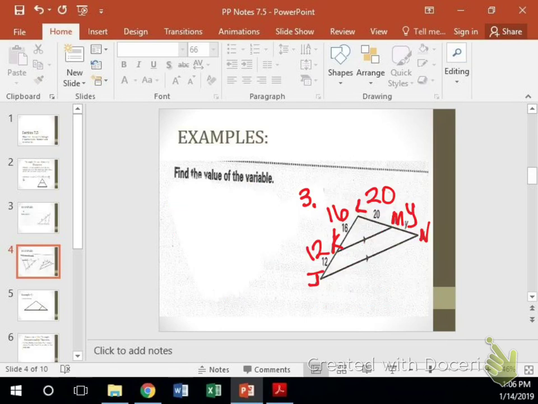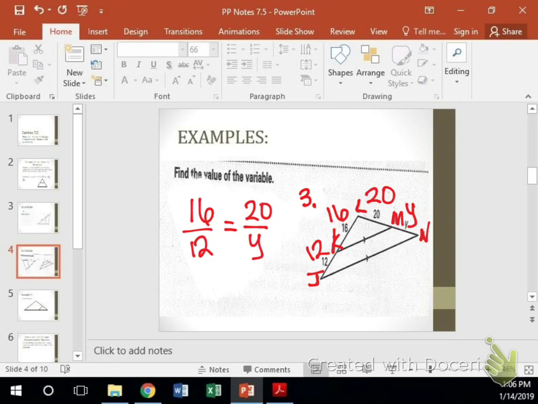Can anybody help me set up my proportion? Okay, 16 over 12. Yes, this is point L up here at the top of the triangle. So if we start with this left side, 16 goes over 12. What would the corresponding ratio be for the other side?